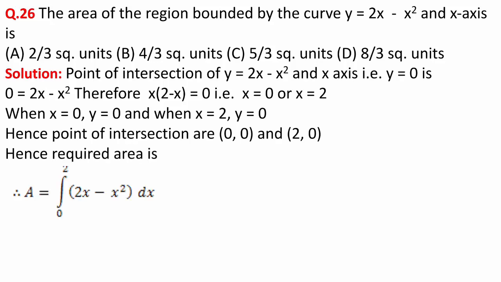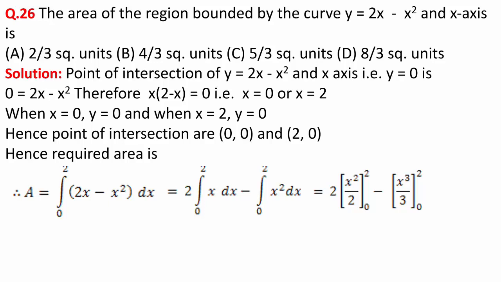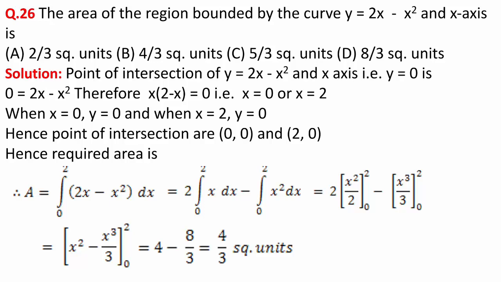Hence the required area is A equals integration 0 to 2 of (2x minus x square) dx, that is 2 times integral 0 to 2 x dx minus integral 0 to 2 x square dx, that is 2 into x square by 2 from 0 to 2 minus x cube by 3 from 0 to 2, that is x square minus x cube by 3 from 0 to 2, which is nothing but 4 minus 8 by 3, that is 4 by 3 square unit, and hence the correct option is B.